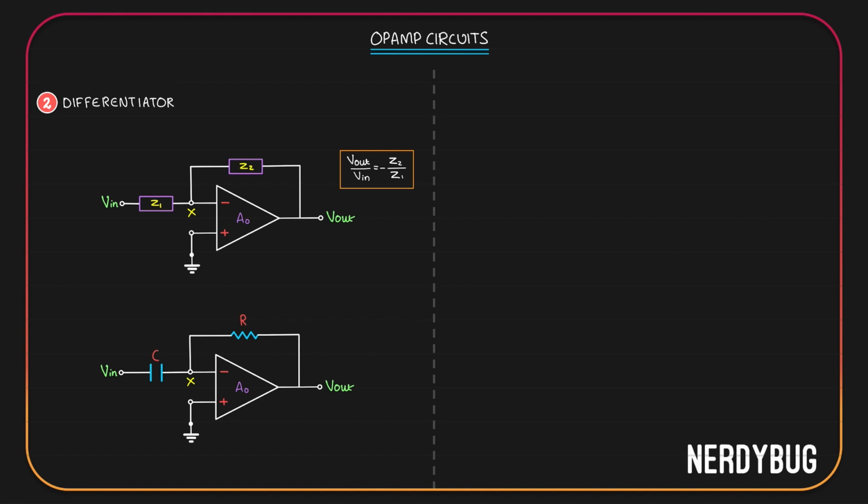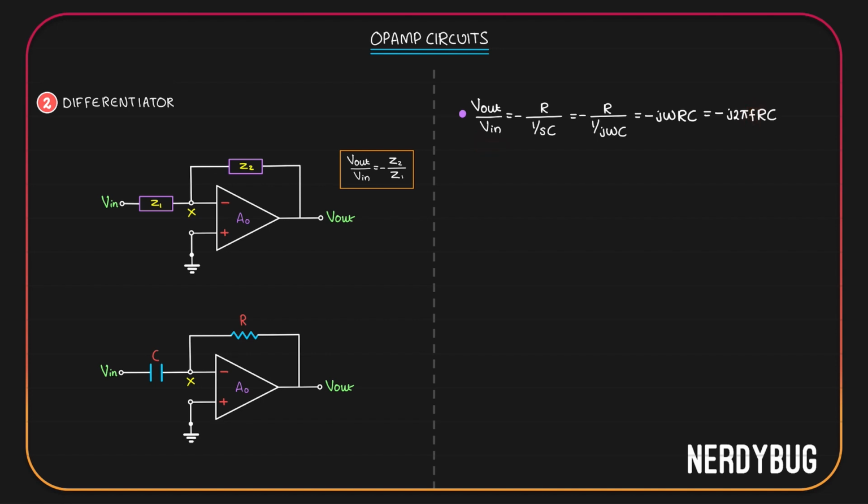Gain is negative of Z2 by Z1, so gain will be negative of R divided by 1 by SC. Or we can write negative of R divided by 1 by j omega C. Or we can write it as negative j 2 pi fRC. The point is, gain is directly proportional to the input frequency.